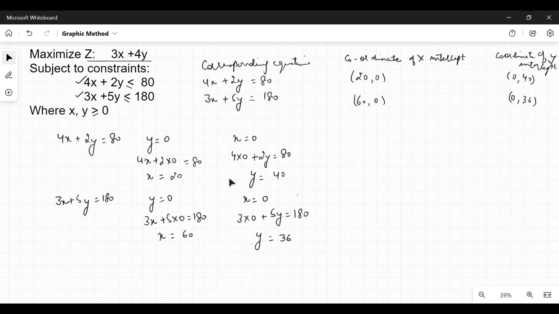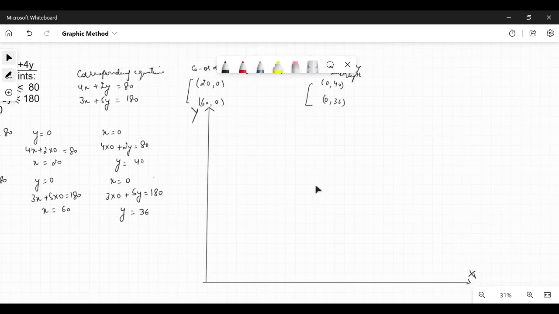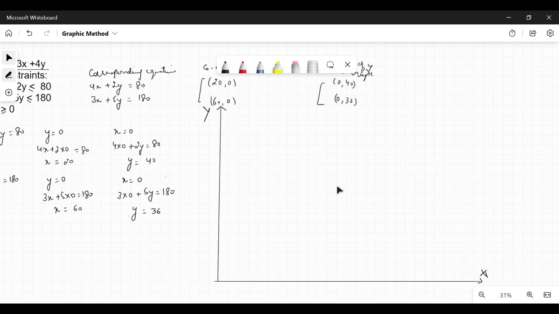Now the next step is that we have to plot these coordinates on the graph. So let's move toward the graph. This is my x-axis and this is my y-axis. Now I will put marks on these values. The first we have is (20, 0), that is 20 for x and 0 for y.